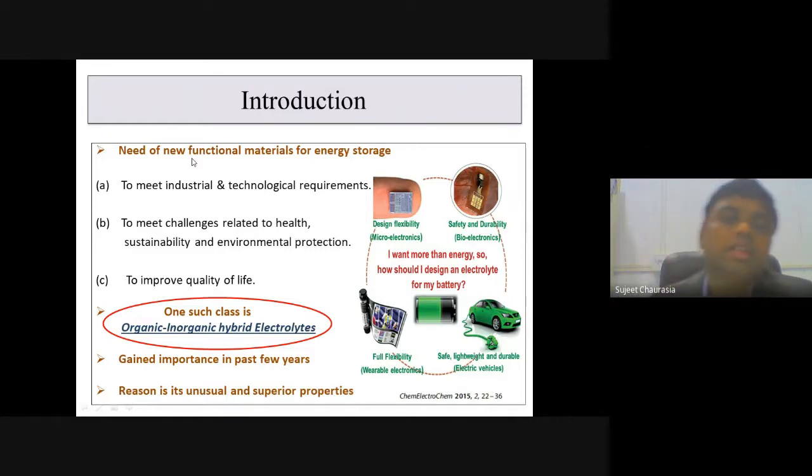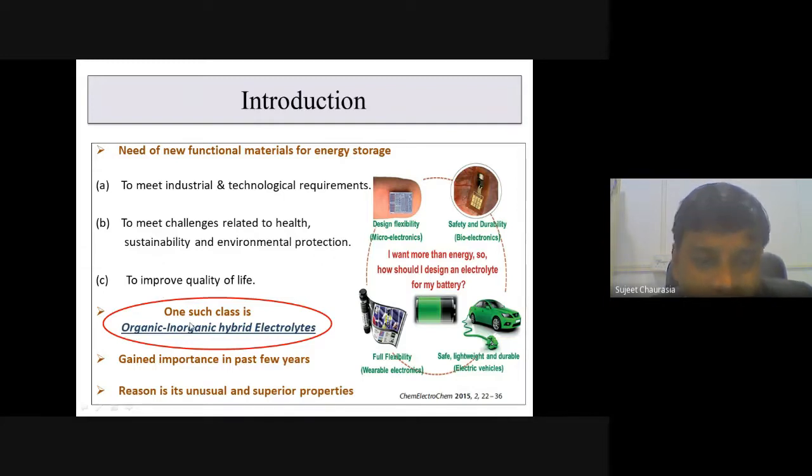So there is a need for new functional materials for our energy storage devices to meet the industrial and technological requirements, to meet the challenges related to health, sustainability and environmental protection, and to improve the quality of our life.